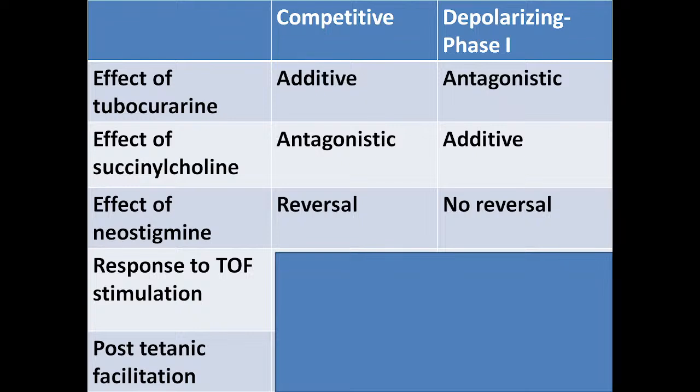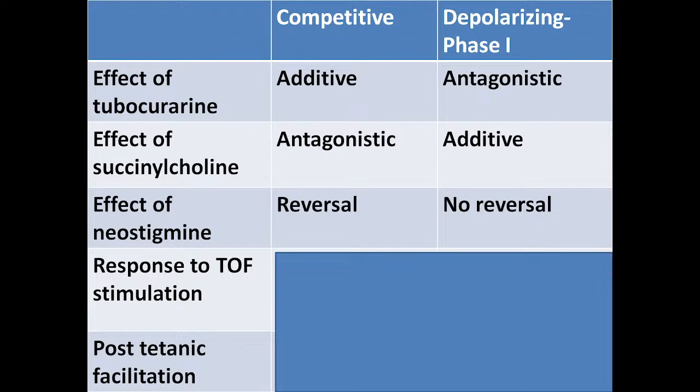What will happen to subsequent stimulations when you're giving them? Now, like any synapse, there are also pre-junctional nicotinic receptors, and like most pre-junctional receptors, they are inhibitory to acetylcholine release. So what happens now when you are giving fast stimulations?